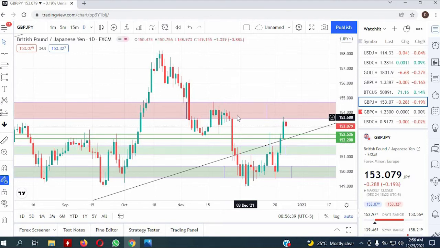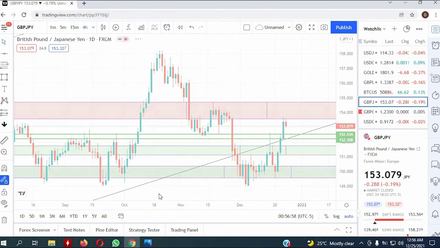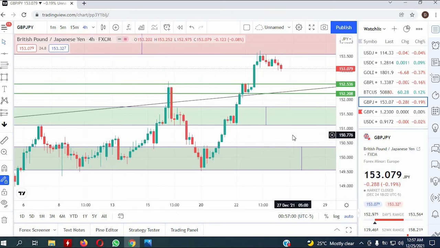So the GBP JPY is expected to pull back for support into this area for a retest and support in order to continue the reversal. So let's move over to the 4-hour time frame.